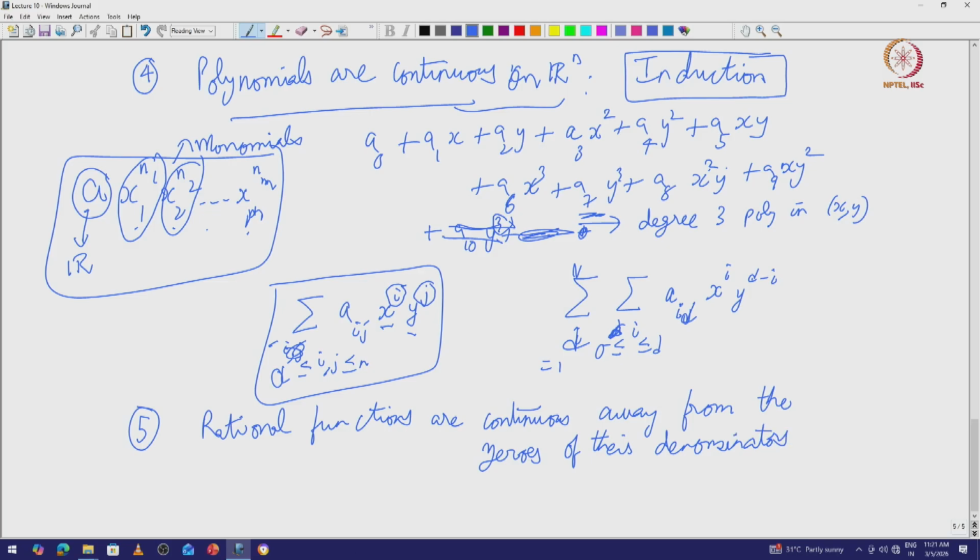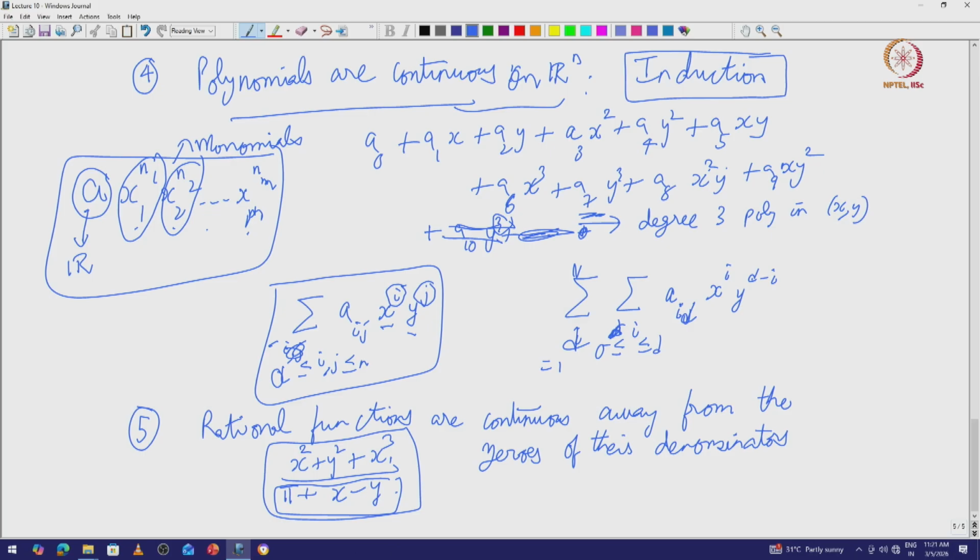What do we mean? If I take a ratio of two polynomials, take your favorite polynomials, with denominator, let's say, pi plus x minus y or something, this is a continuous function provided the denominator is not 0. In other words, on the subset of R^n where this is not 0, this is a continuous function.